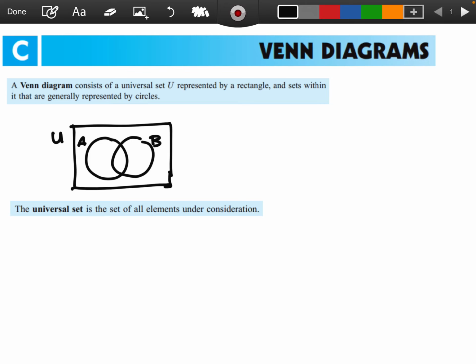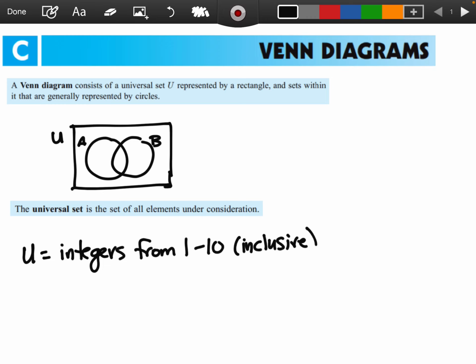But for the sake of this video, let's say the universal set is the integers from 1 to 10, inclusive, meaning including 1 and including 10.